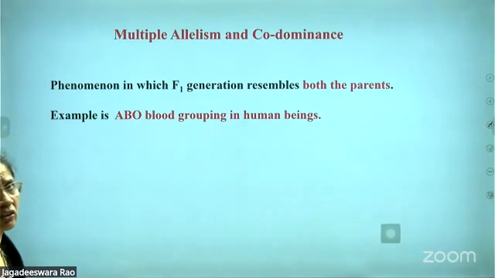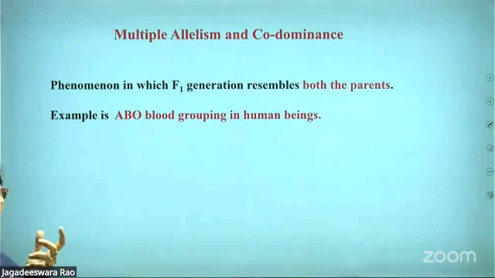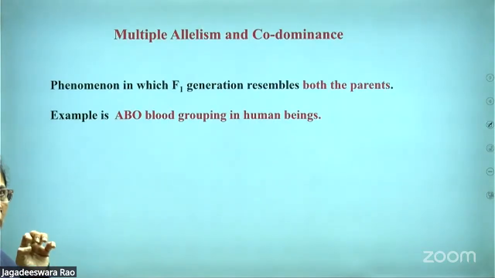The next concept we have to study is codominance and multiple allelism. I said, Mendel told that one of the alleles will express and the other will be suppressed in heterozygous condition. But in incomplete dominance, we observed that when the factors are in heterozygous condition, there will be a blending of characters resulting in one new character, right?